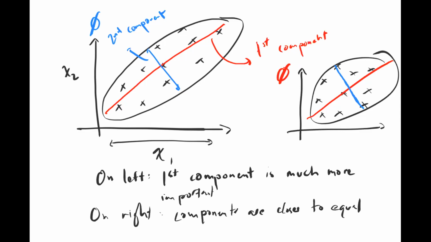Okay, and so as you do this type of regression, or this type of dimension reduction, you'll note that the z's are independent of each other.